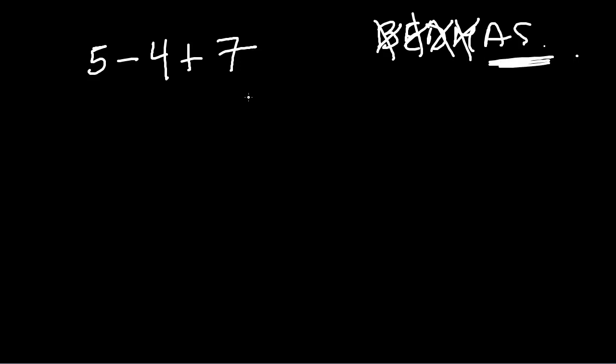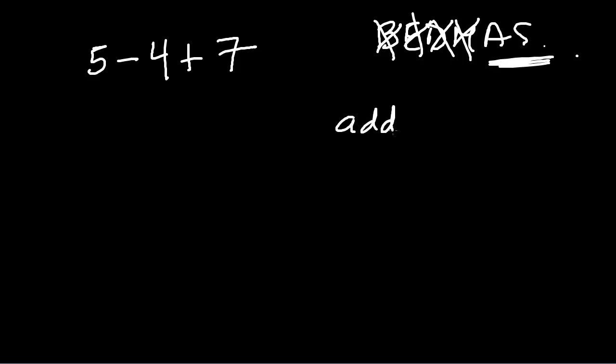So similar to the problem we just did, which one do we do first? Well, addition and subtraction has the same rules as division and multiplication. They both have equal precedence, so we don't prefer one over the other.